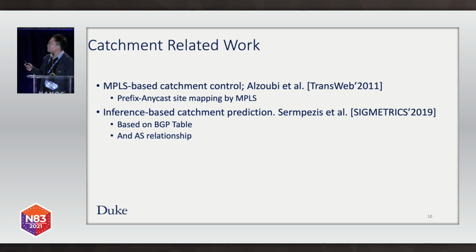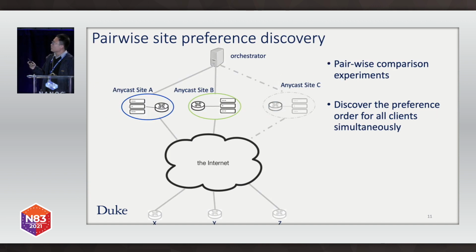They propose a method that uses public BGP feeds and the AS relationship topology to infer the catchment area for one specific AS. But our work uses measurements conducted by ourselves to build the whole total order for each client. Based on that total order, we can make predictions and also minimize the Anycast round-trip latency. So here, let me introduce how to get the total order of the clients.